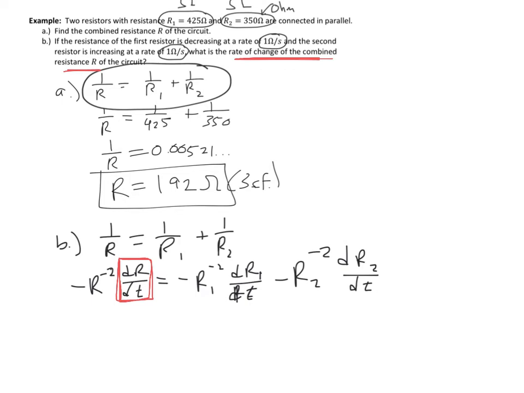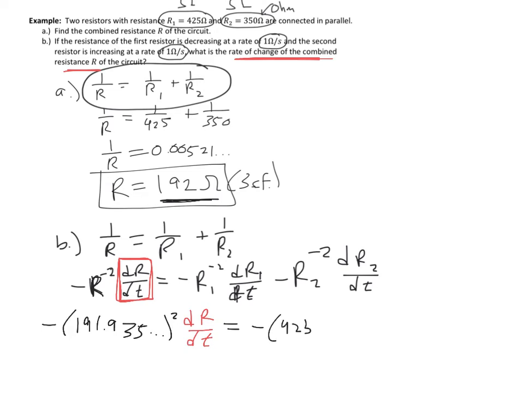So let's go back and see what we know. Do I know what the combined resistance is? Yeah, I found that out on the earlier problem. This would be negative 191.935, and so on, that whole thing squared, times the dR/dt that I'm trying to solve for, equals negative R1 to the negative 2.